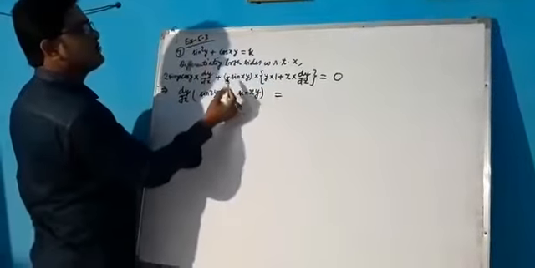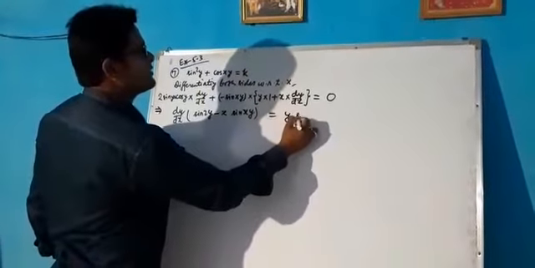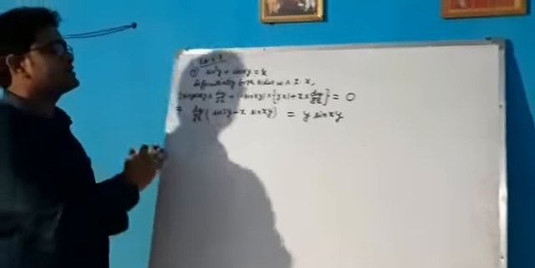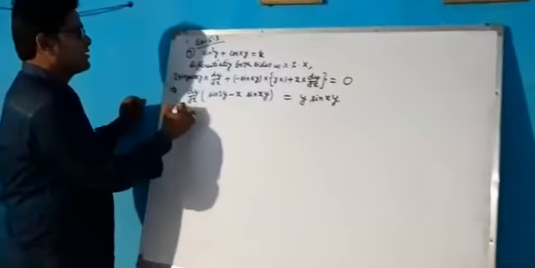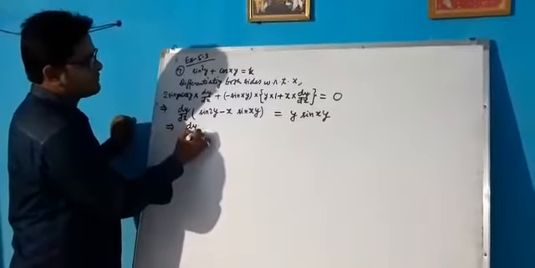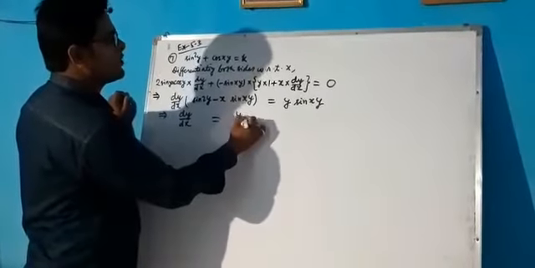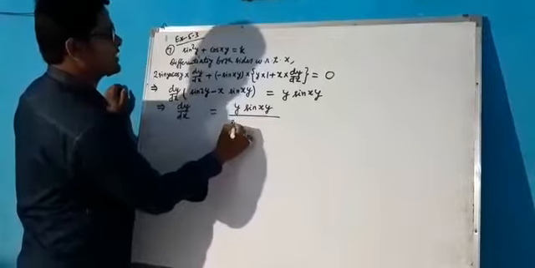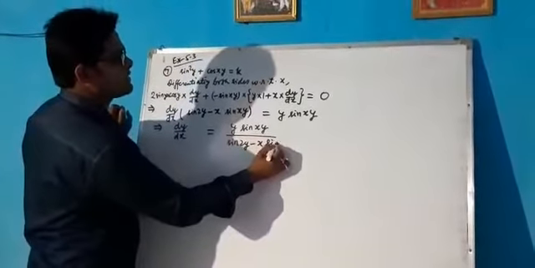After that, minus sin xy into y will go to the other side, so minus y sin xy changes to y sin xy on that side. Now, what can you find about derivative of y with respect to x? It will be equal to y sin xy upon sin 2y minus x sin xy.